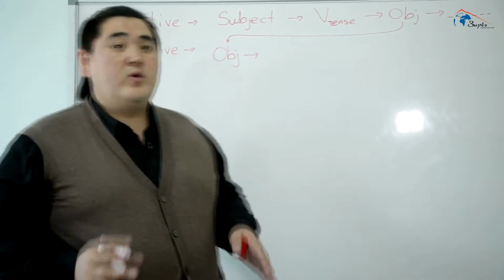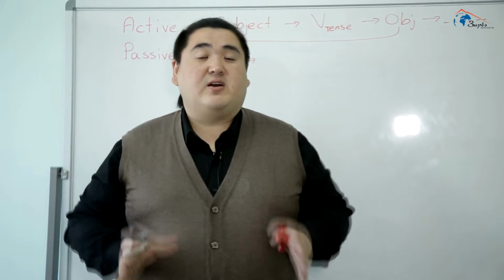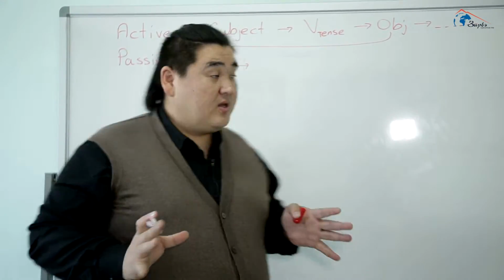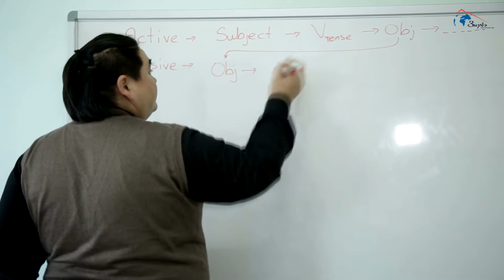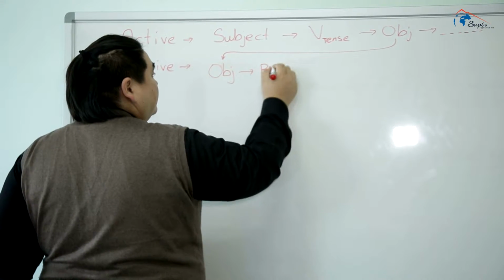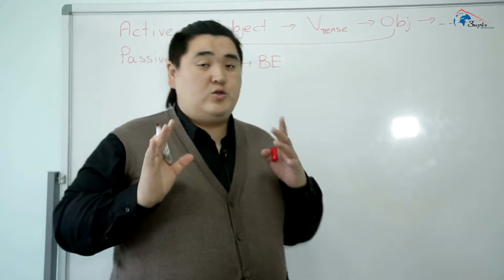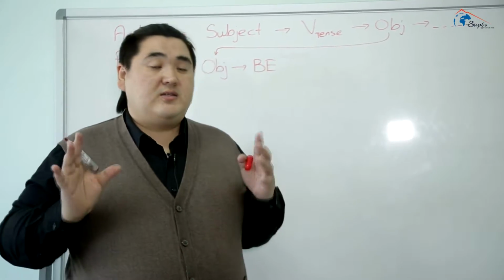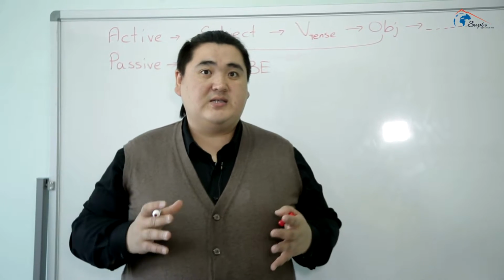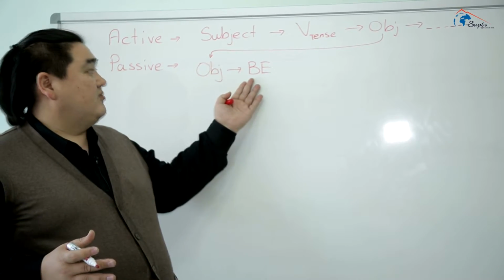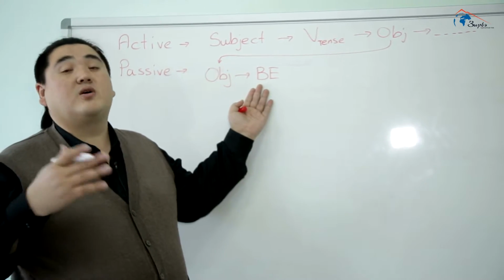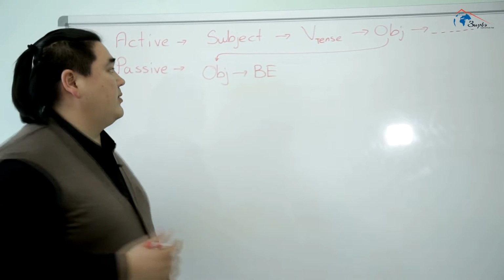And then we have another deal. We have passive voice be, which is this one. You should always remember that the tense of the previous sentence is put onto the be verb here.